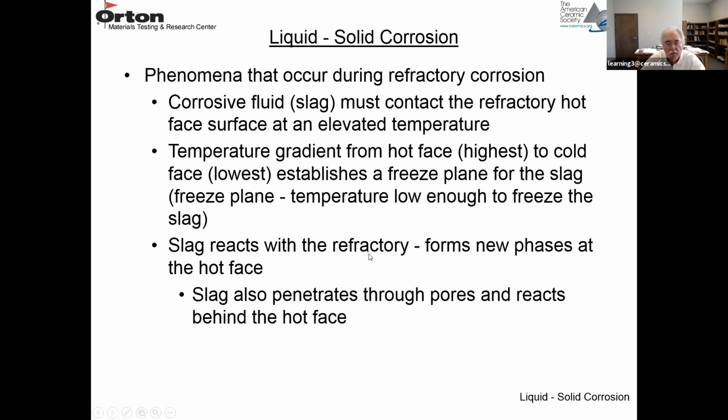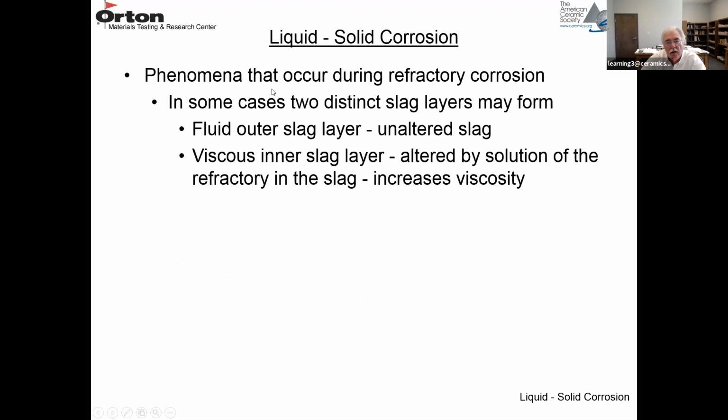The slag reacts with the refractory at the hot face, forms new phases. It also penetrates through the pores and reacts behind the hot face until it gets to the freeze plane. In some cases, what may occur during refractory corrosion is you might have two distinct slag layers.